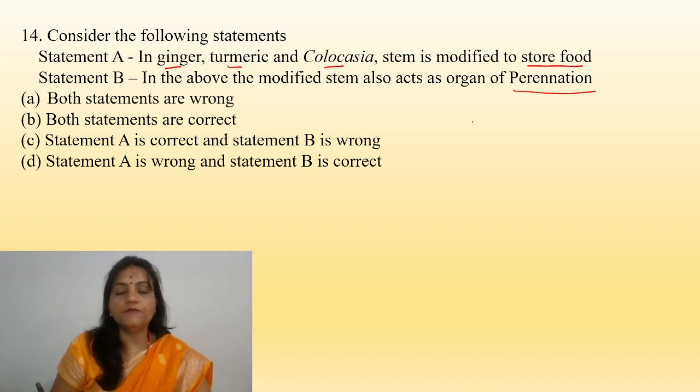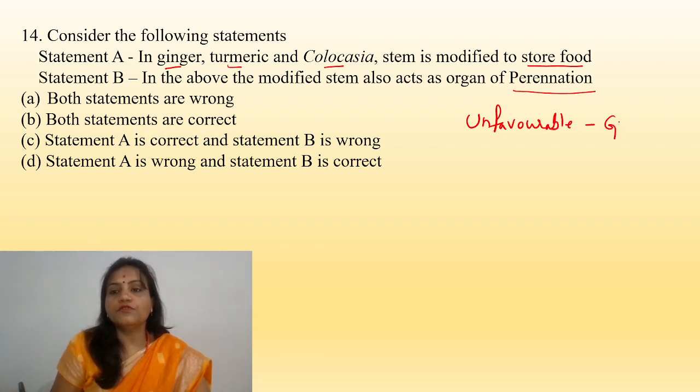What is perennation? See, when there is unfavorable condition for the purpose of growth and reproduction, plants go into a dormant condition.